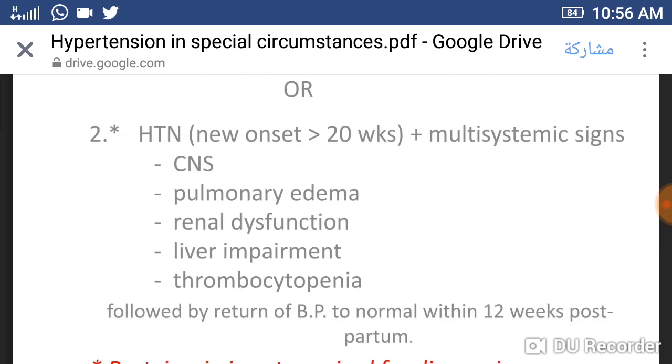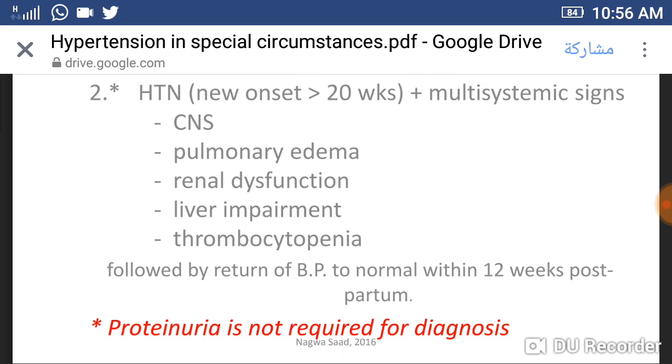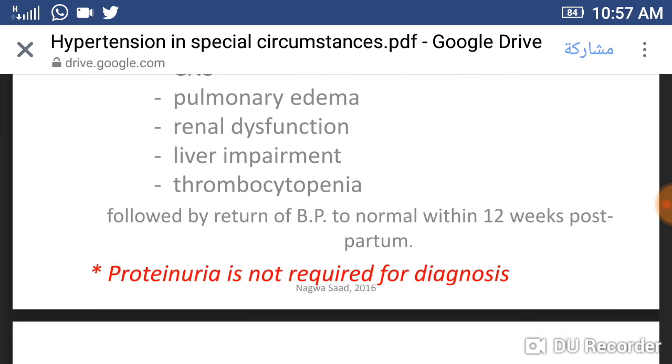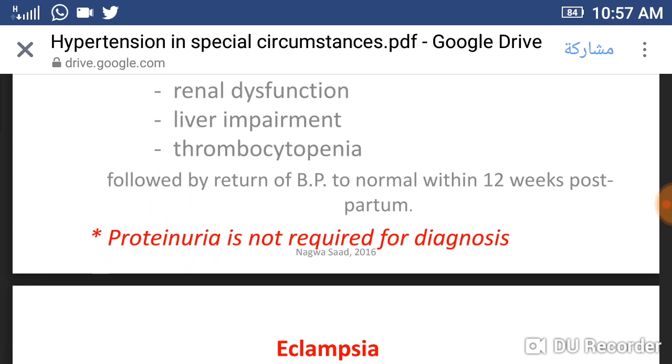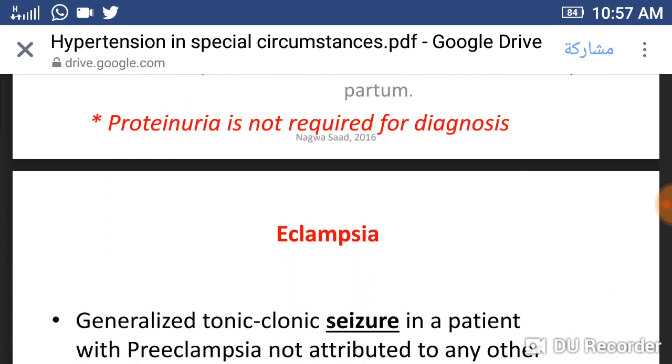With any of them you will consider the case as preeclampsia or eclampsia according to categories that we will go through now. Followed by return of blood pressure to normal within 12 weeks postpartum. Proteinuria is not required for diagnosis. So you can diagnose if there is any organ affection.